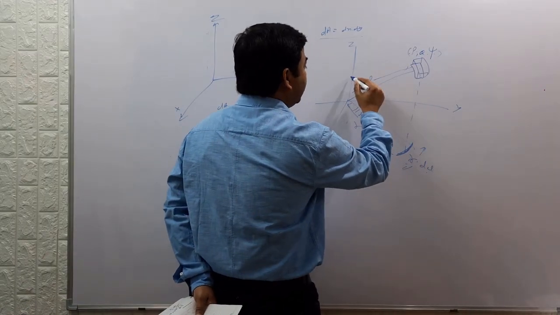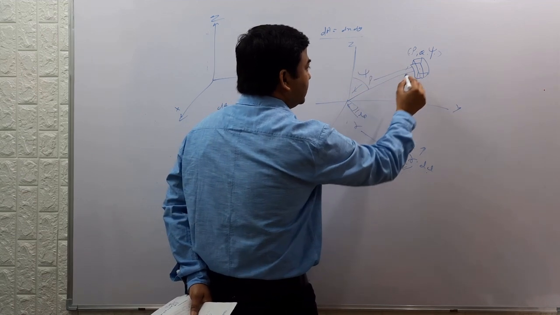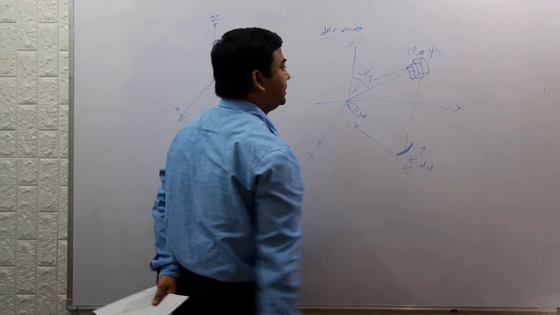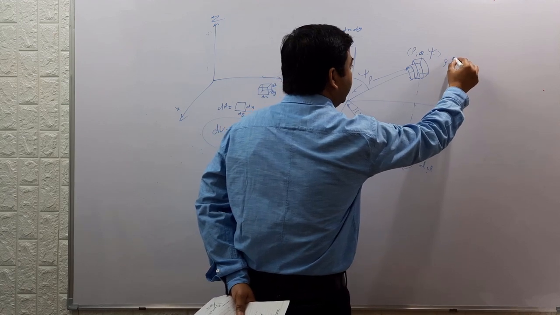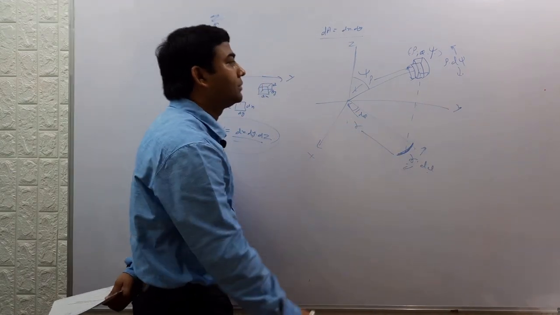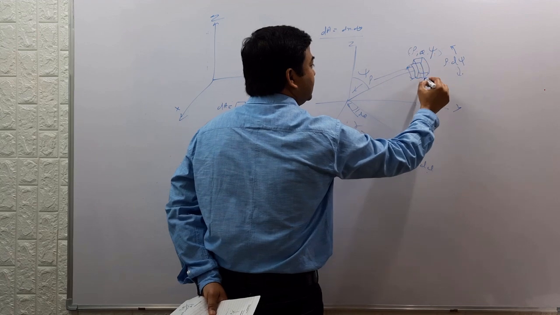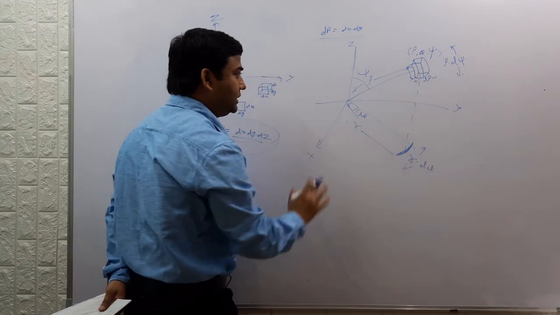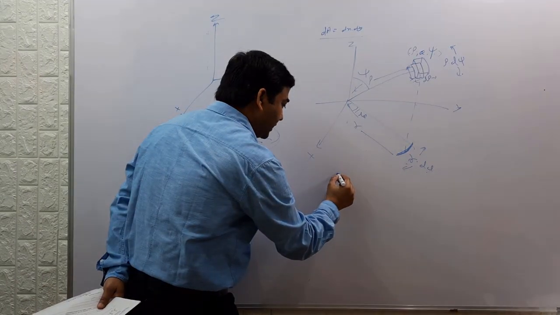Similarly, this angle is phi from the z axis, so this length is rho d phi, and the third length along the radius is d rho. So we have found all three sides of this small cuboid in the shape of an arc.